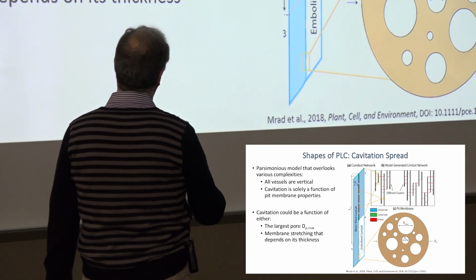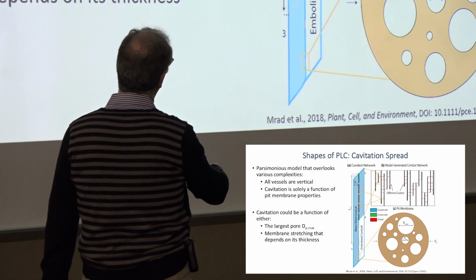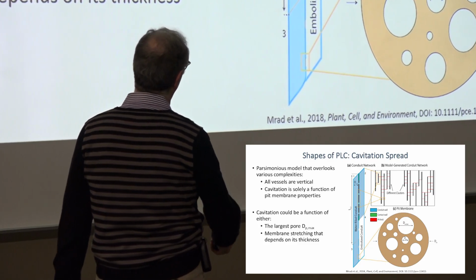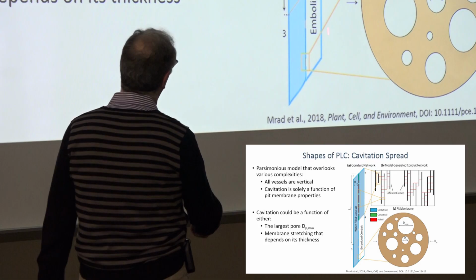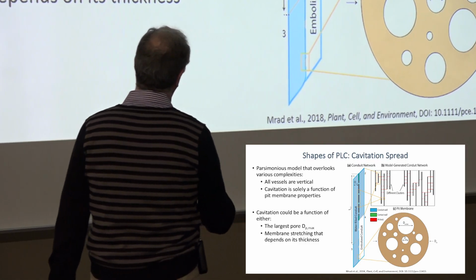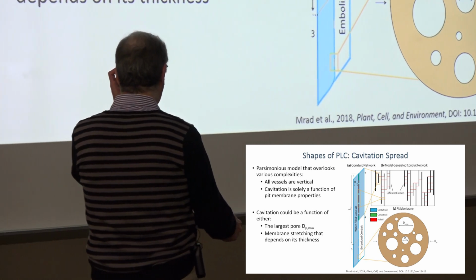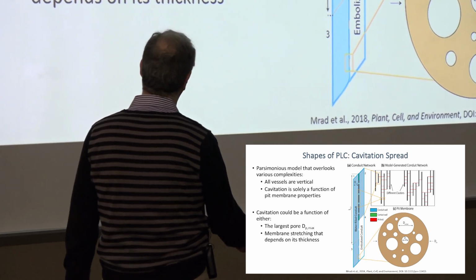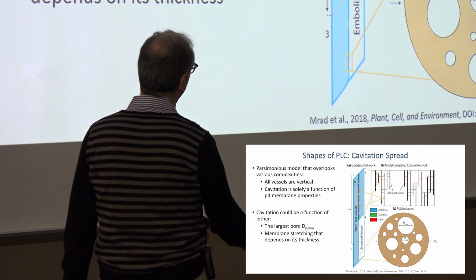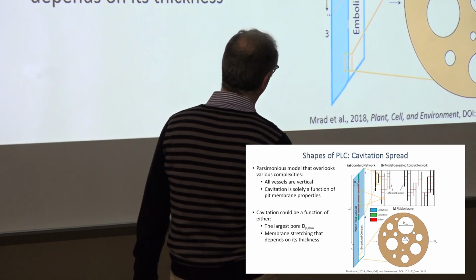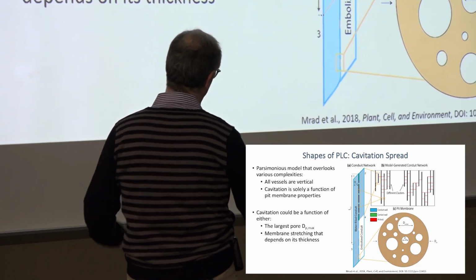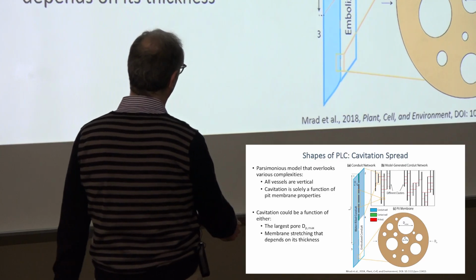And now we just assume, for the purposes of water movement, that all these vessels are vertical. They are initially all water-filled conduits. Then we had these membranes between them, and the membranes would look something like that, where air spread will be determined by the biggest diameter and the thickness of this membrane, because that is basically giving this membrane rigidity.